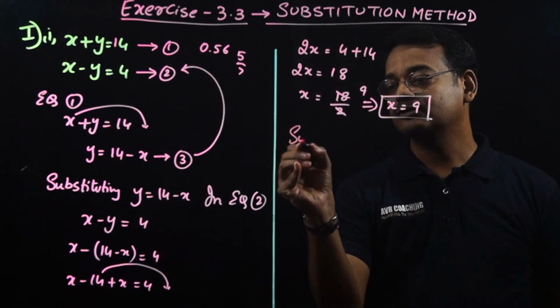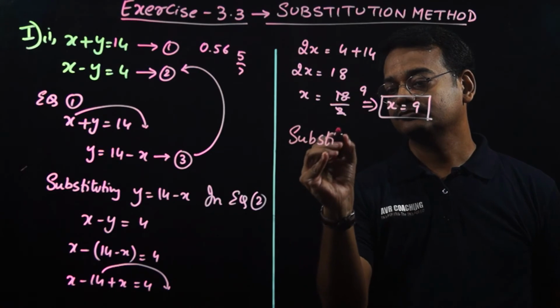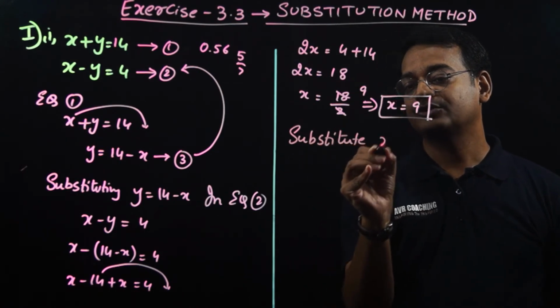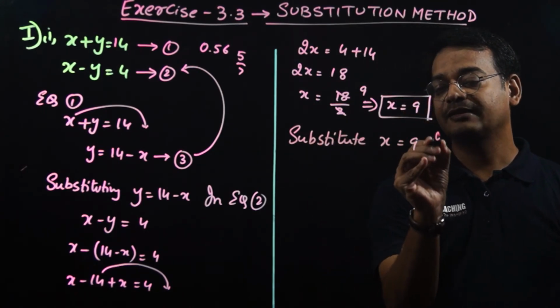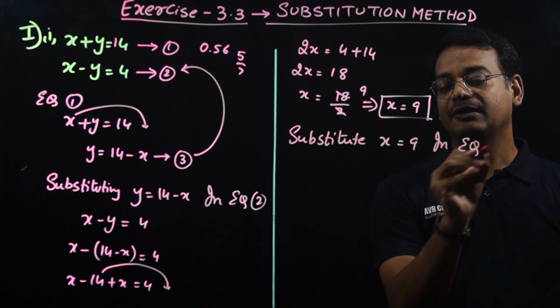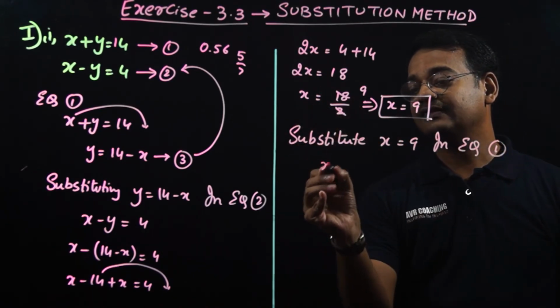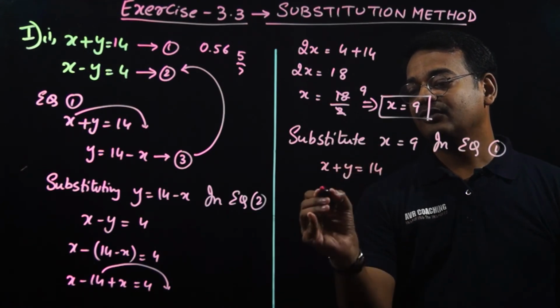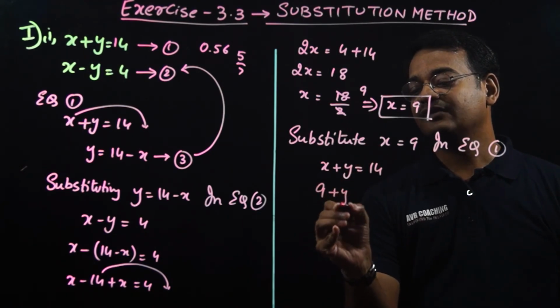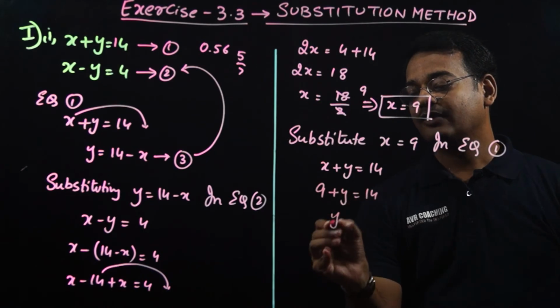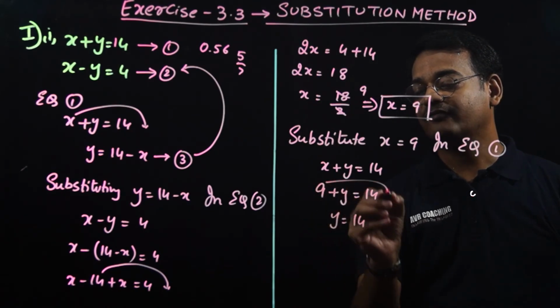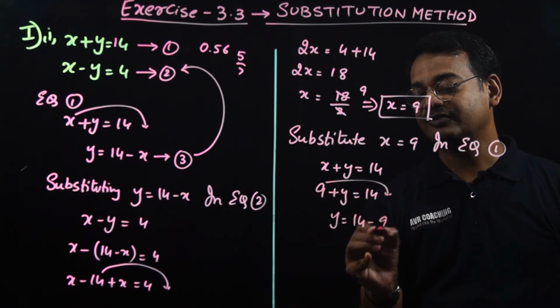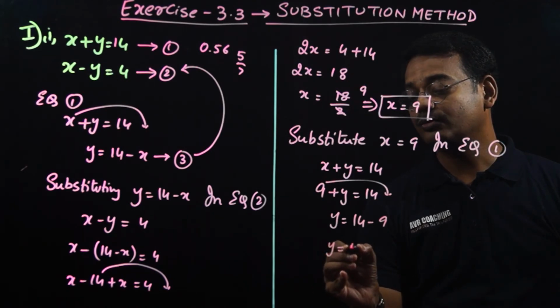So substitute x equal to 9 in equation 1. Equation 1 is x plus y is equal to 14 and the x value is 9. 9 plus y is equal to 14, and when 9 comes to the right hand side it becomes minus 9. So y equal to 5.